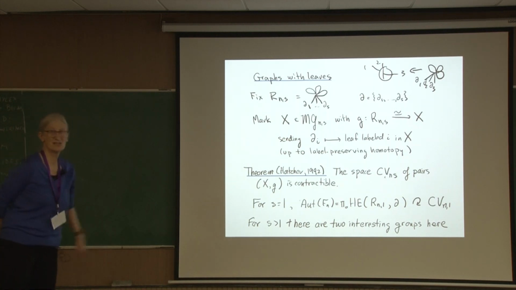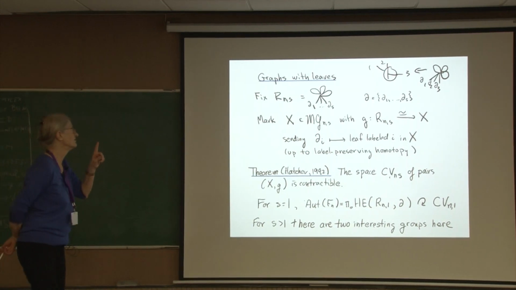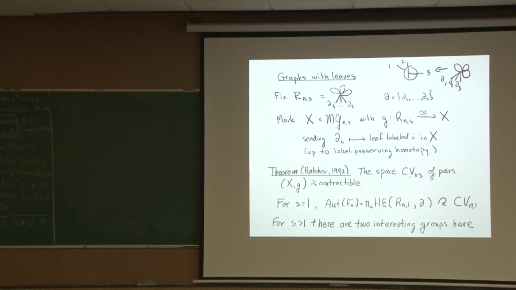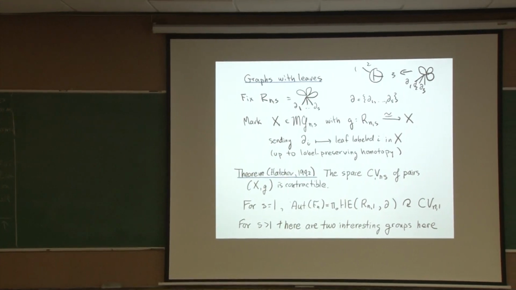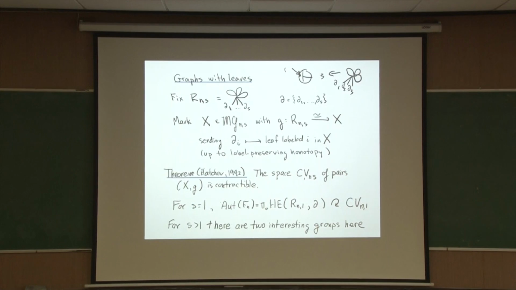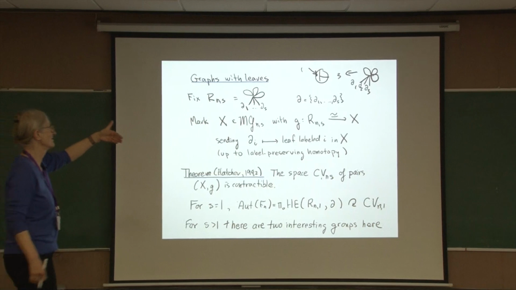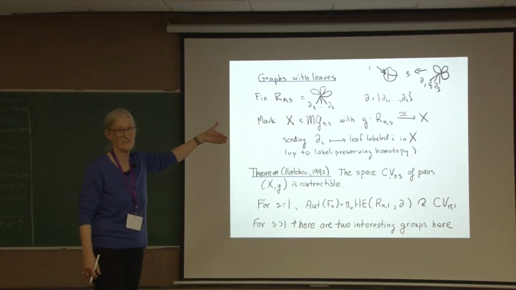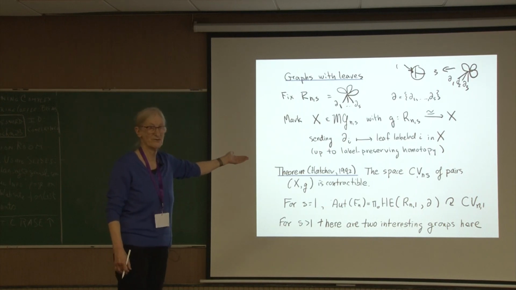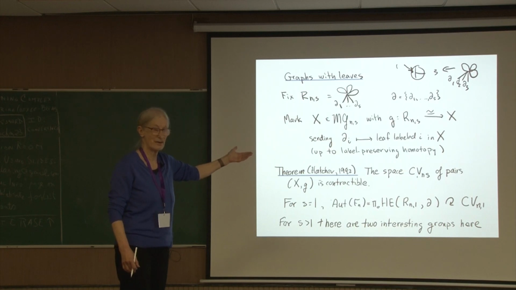If you just have one leaf, you can think of that leaf as pointing to a base point on the graph. Then we're talking about homotopy equivalences of this graph that preserve a base point, in which case we're talking about the group of automorphisms of the free group instead of outer automorphisms of the free group. We do have a base point that we've chosen.